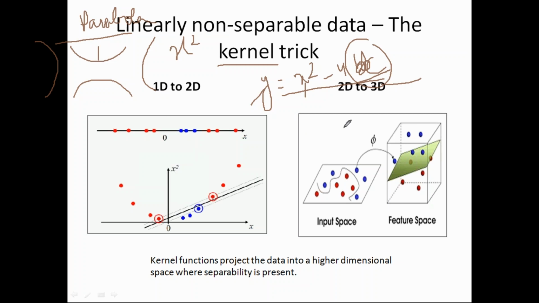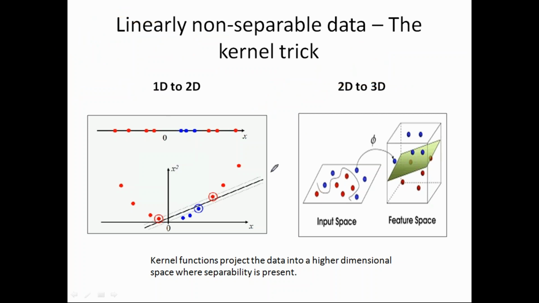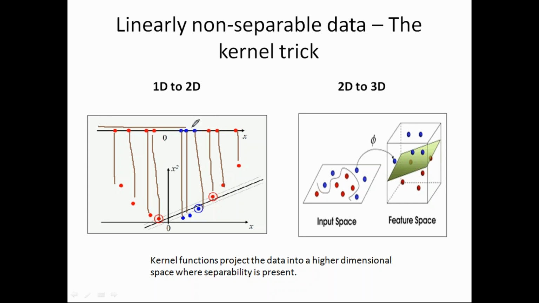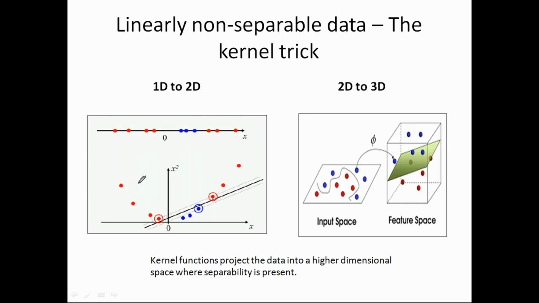Now, what SVM does very trickily, you see what trick it takes. It projects all these points onto a parabola. Basically, from a straight line, one dimensional. See, this is 1D, right? From one dimensional, it makes it a two dimensional thing.